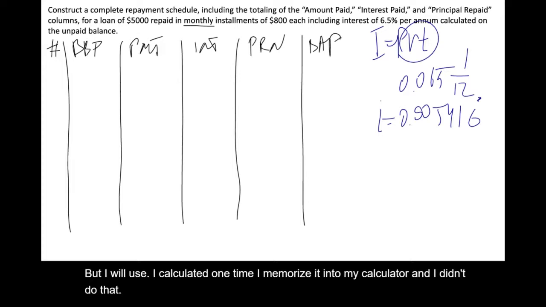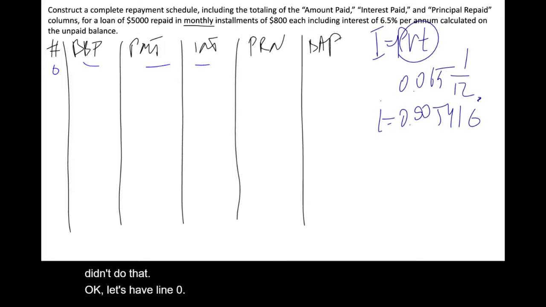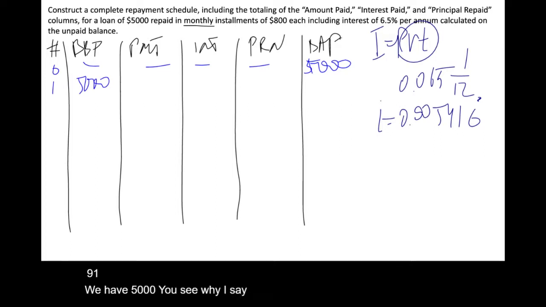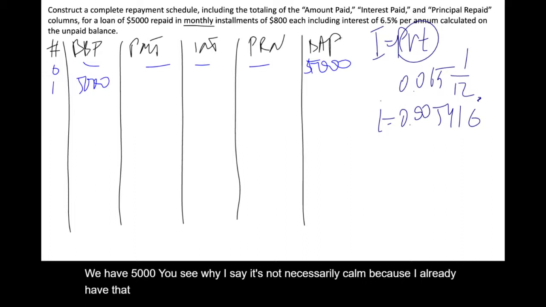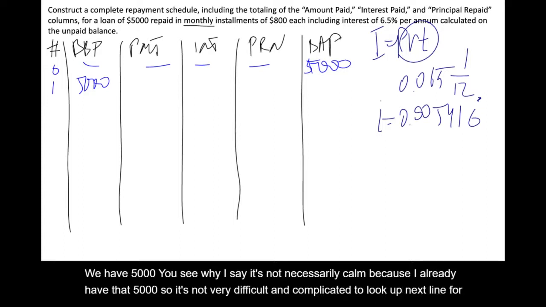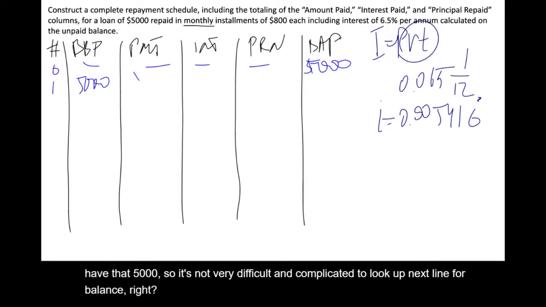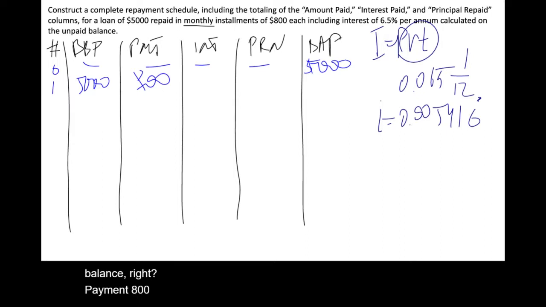Let's have line 0, and we have $5,000. Line 1, we have 5,000. You see why I say it's not necessarily a column, because I already have that 5,000, so it's not difficult to look up the next line for balance. Payment 800, interest.